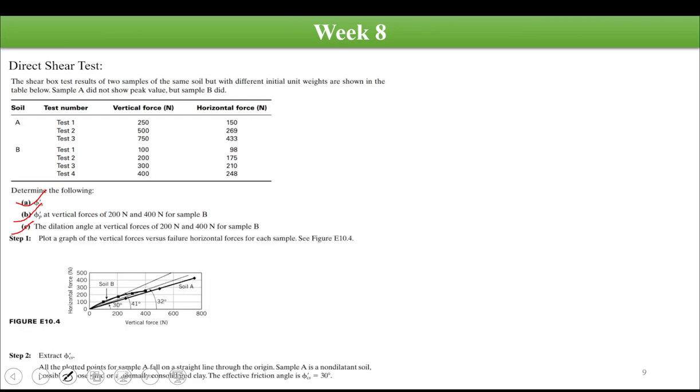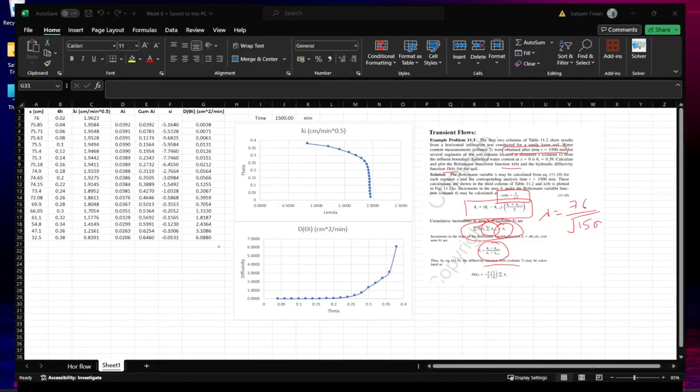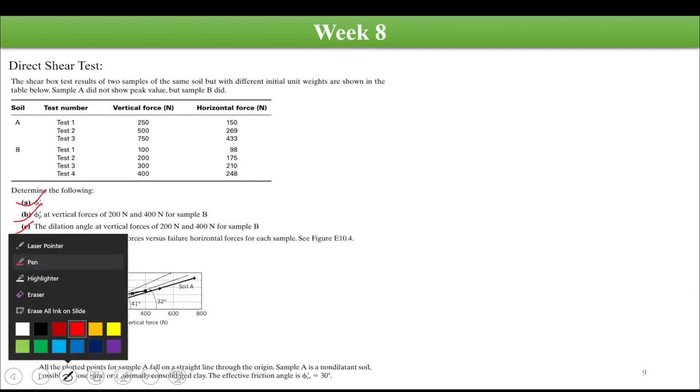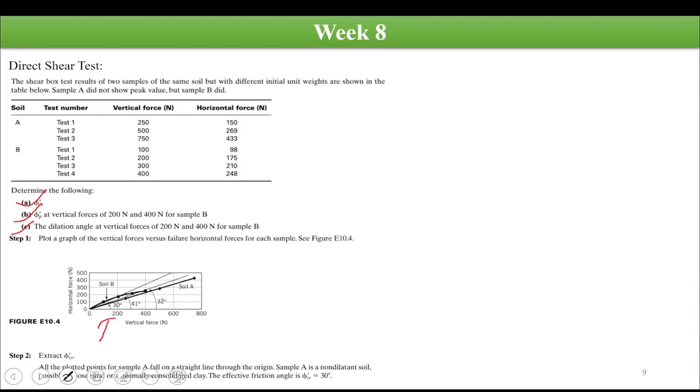So if we plot it here, let's see if I can zoom this one. Here if you see, we have been plotting it on a different scale.